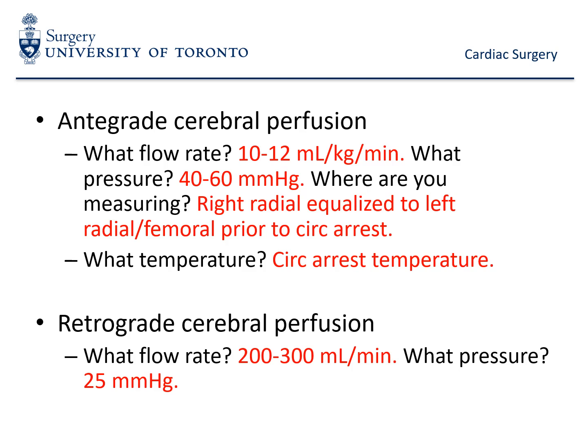So it's a good idea to snare the axillary distally and equalize the blood pressures between the right radial and your either left radial or femoral art line prior to circ arrest.